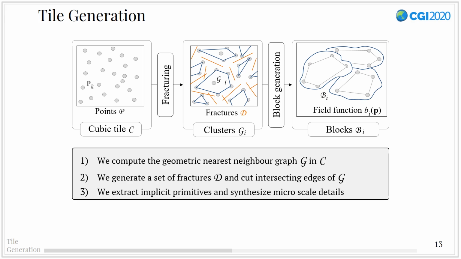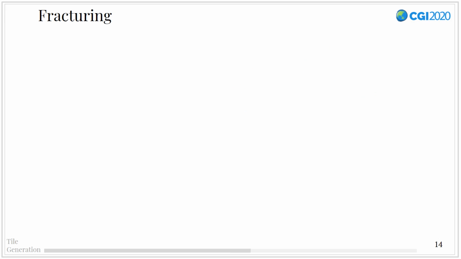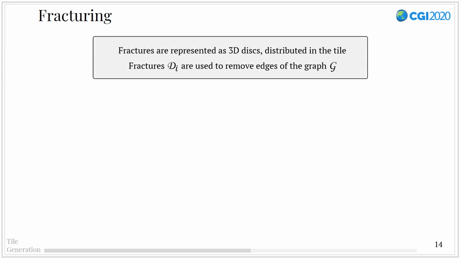The remaining question now is, how do we distribute fractures so that blocks will have the desired shape? We have specific rules for distributing fractures in the tile. In our method, fractures are represented as 3D disks. We first distribute fracture centers and compute fracture orientations based on the desired block type. They can be axis-aligned, following one main direction.